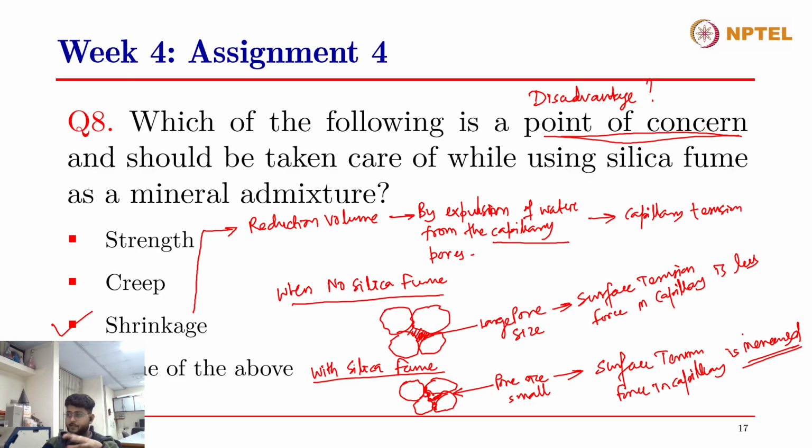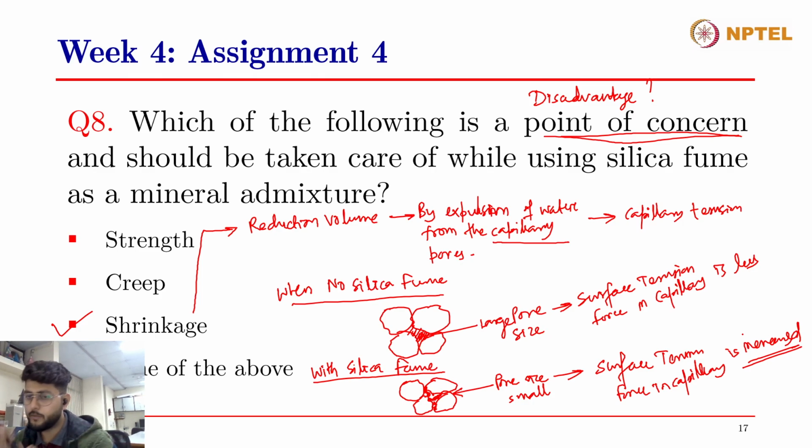So that way there will be higher amount of shrinkage, there will be higher amount of volume reduction. So when you use very fine materials such as silica fume, they clog these large pores and decrease the size of the pores. And due to the decreased size of the pores, the surface tension forces in the capillaries increase in degree, and therefore that induces higher shrinkage in the cementitious matrix.